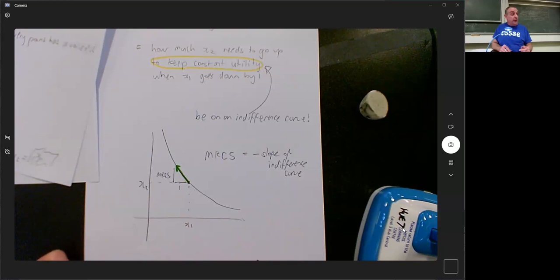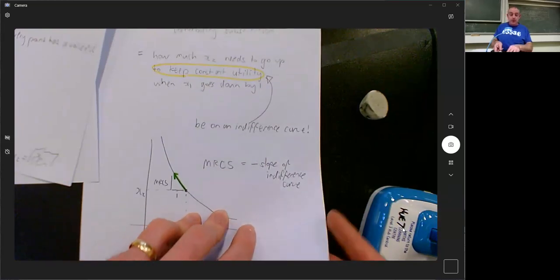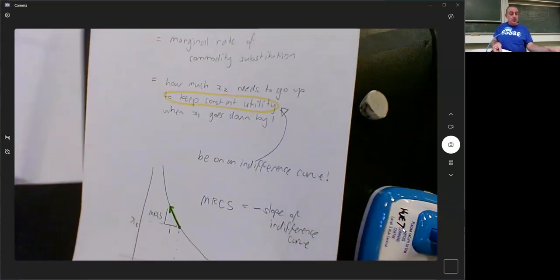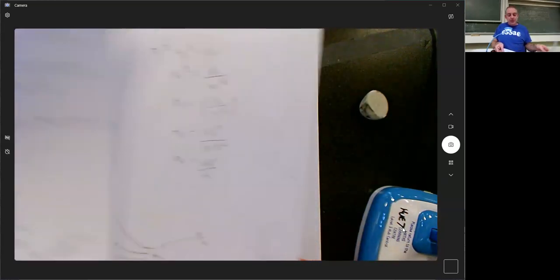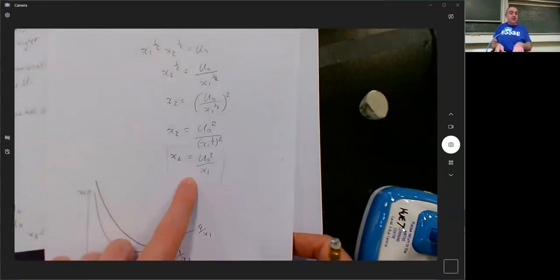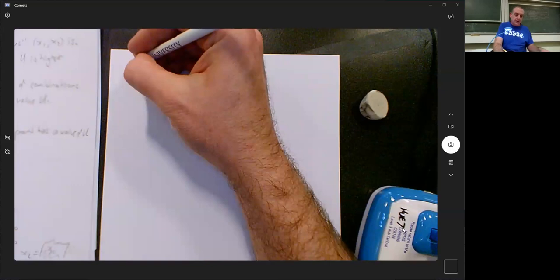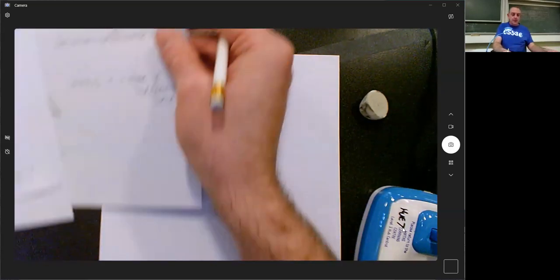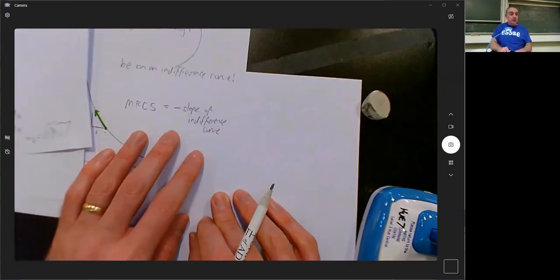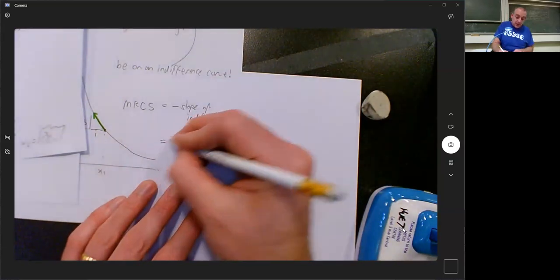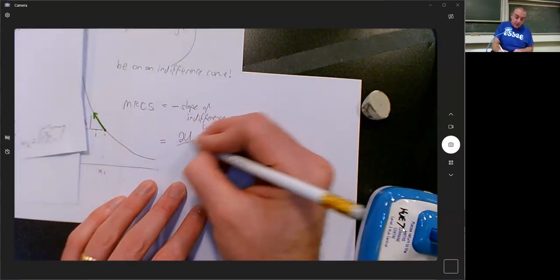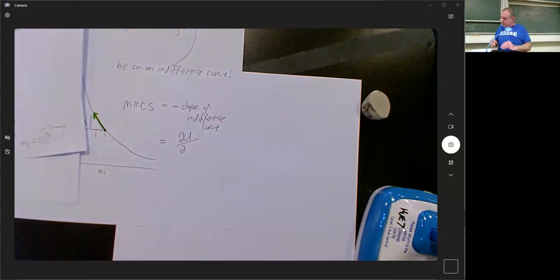There's an alternative way of doing it. If I've already gone to all the effort of finding this, then I can differentiate that and that'll give me the answer. So there's 2 ways to attack it. It's minus the slope of the indifference curve, but there's also another formula: it's du on dx1 divided by du on dx2, I think, yeah.